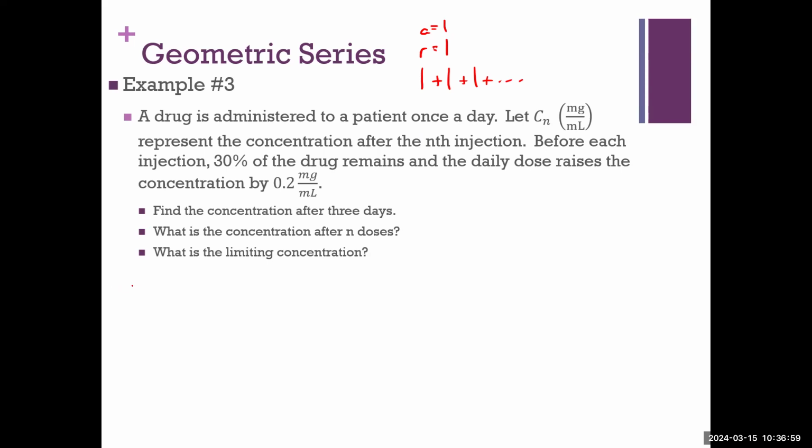No, the initial dose is going to be 0.2. Basically, for the first treatment, there is nothing in their body originally, so they're being injected with this 0.2 milligrams per milliliter concentration. So after a day, what happens?